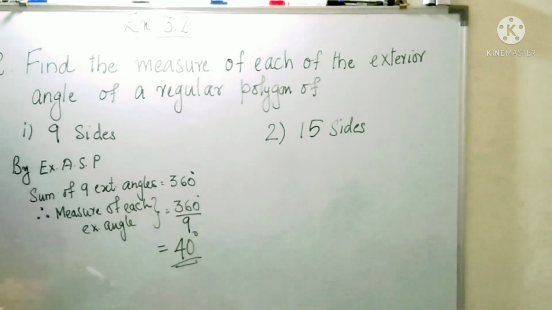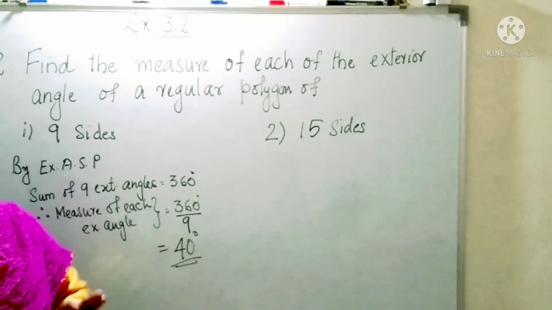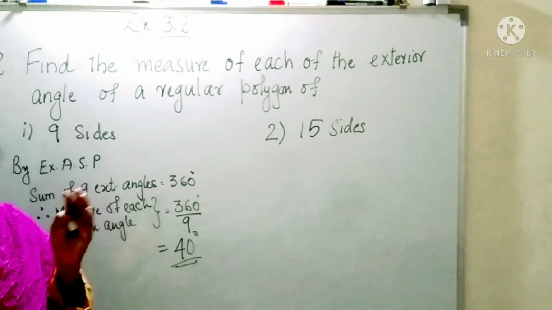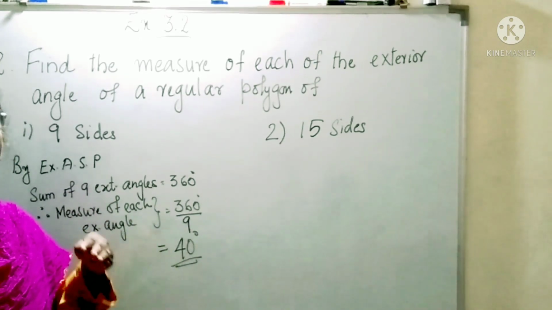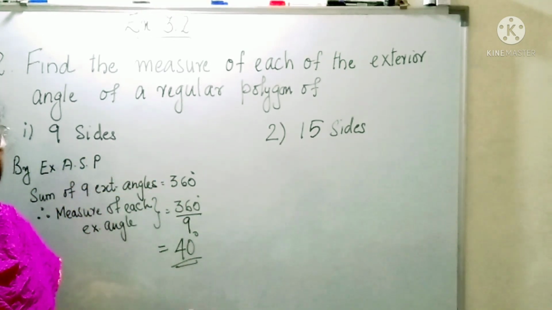Each angle will measure 40 degrees, only in the case of regular polygons. Only when the polygon is regular, with all sides equal, will all angles be equal, so all exterior angles also will be equal. Then we can do this.